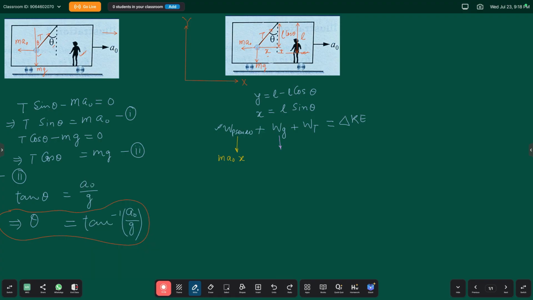What about the gravity? Gravitational force is acting downward, but the lift is upward. So this will be this.